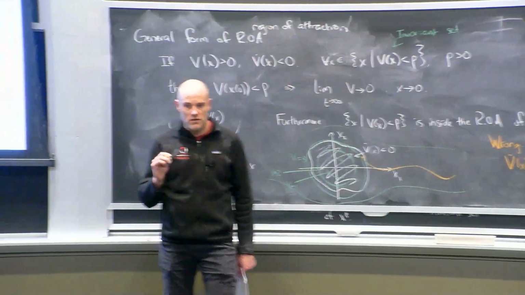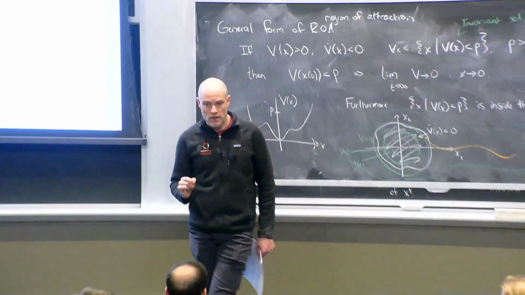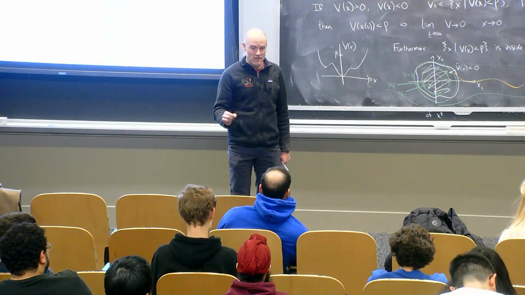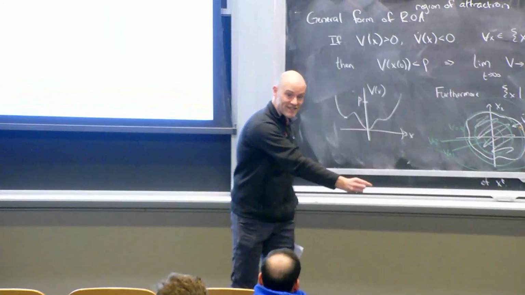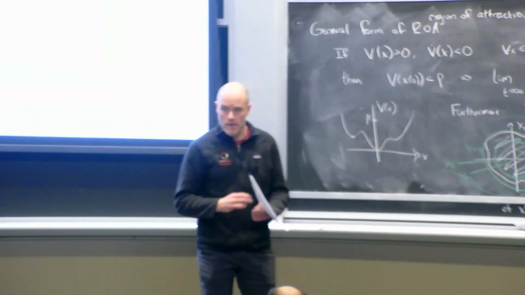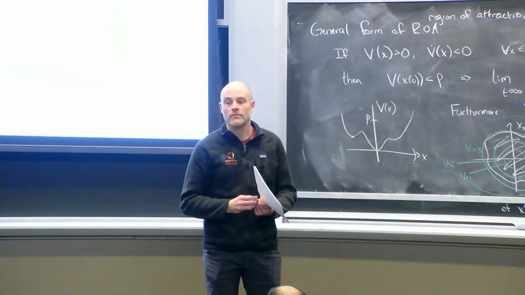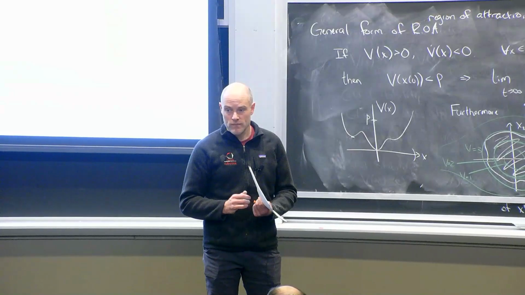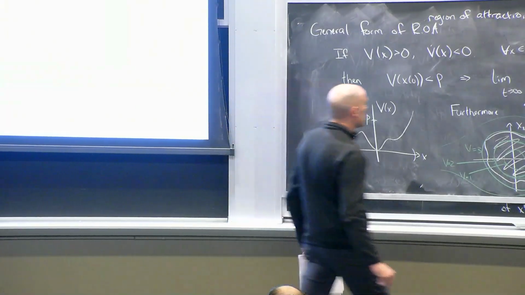You want both v dot and invariance. Because if v dot is less than 0 instantaneously, but it can in the future obtain v dot positive, then you've got nothing. Right.